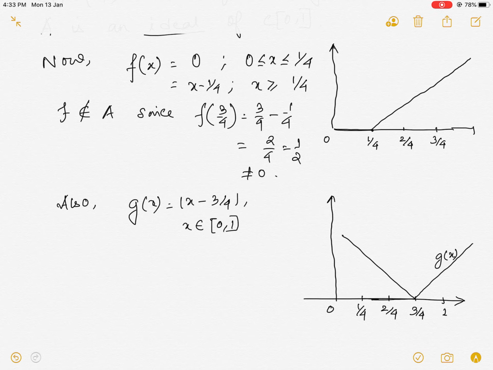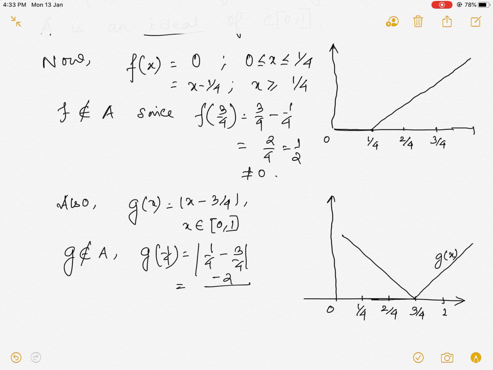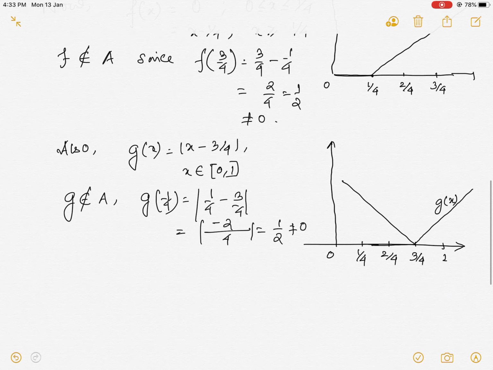This is g(x). Clearly g(x) also does not belong to A, since g of 1/4 is modulus of 1/4 minus 3/4, which gives us minus 2 by 4 in modulus, hence half, which is again not equal to 0.